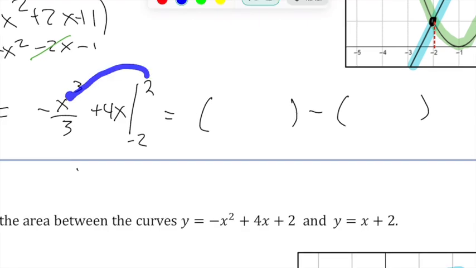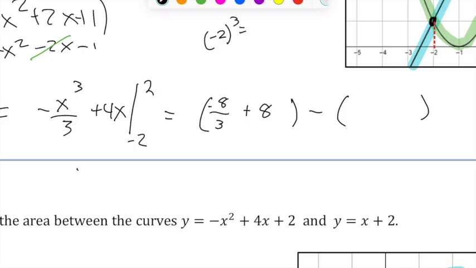Plugging in 2 here, we're going to get 2 cubed, which is 8 over 3. And then if I plug in 2 here, that's going to give me plus 8. Subtract. Now we're going to plug in -2 here. So -2 cubed is going to be -8, but it combines with this negative to make a positive 8 thirds. And then plugging in -2 here, you're going to get 4 times -2, which is -8.